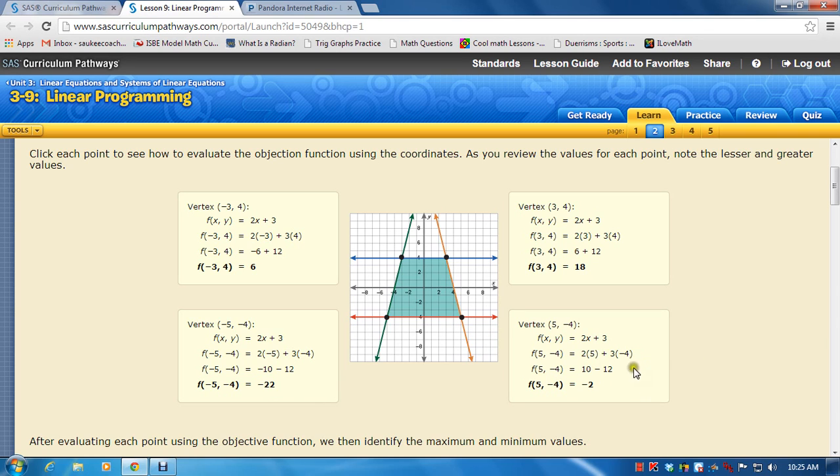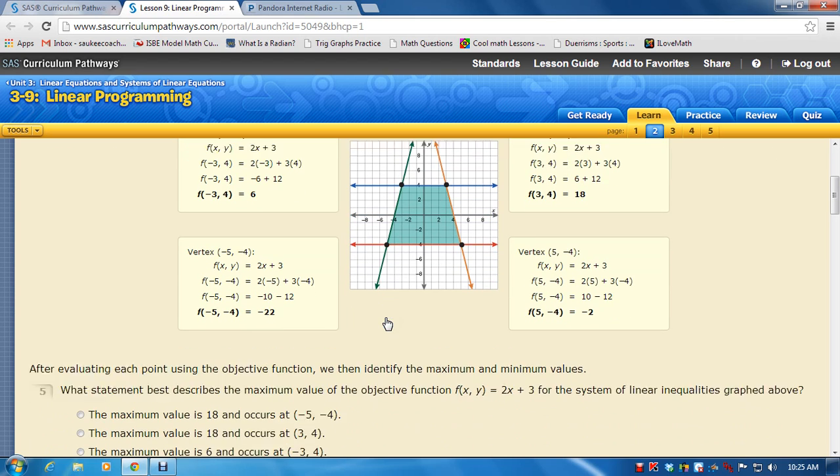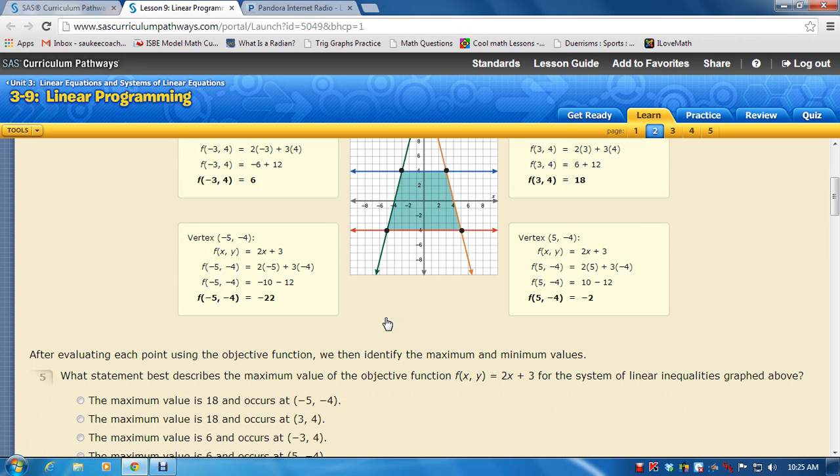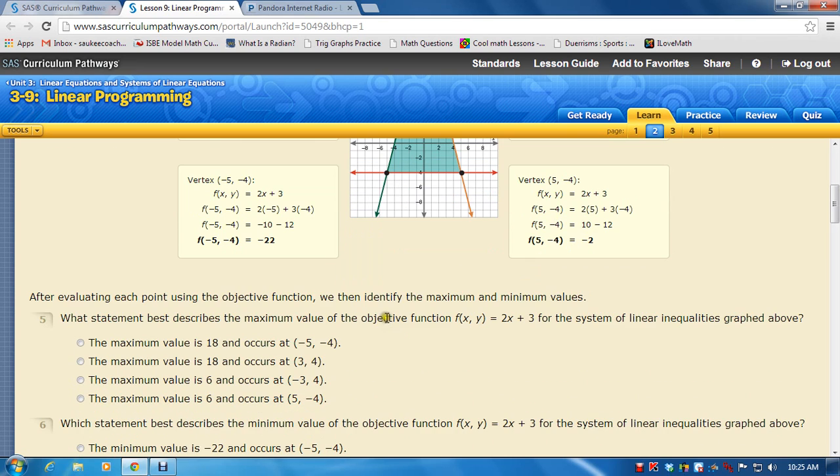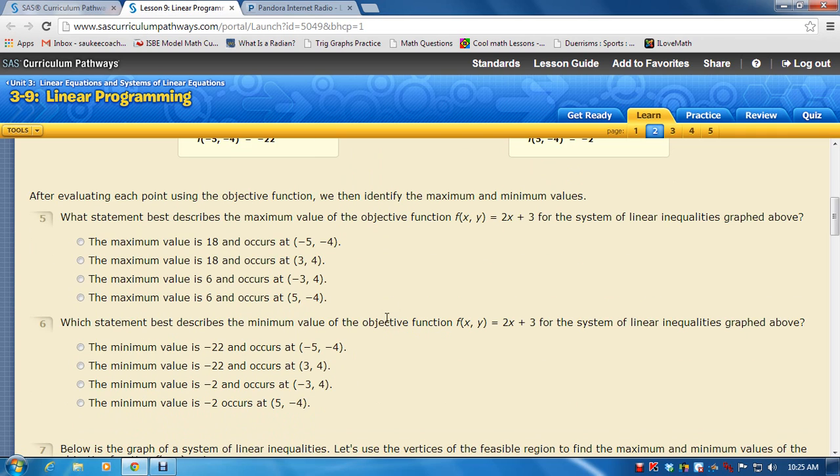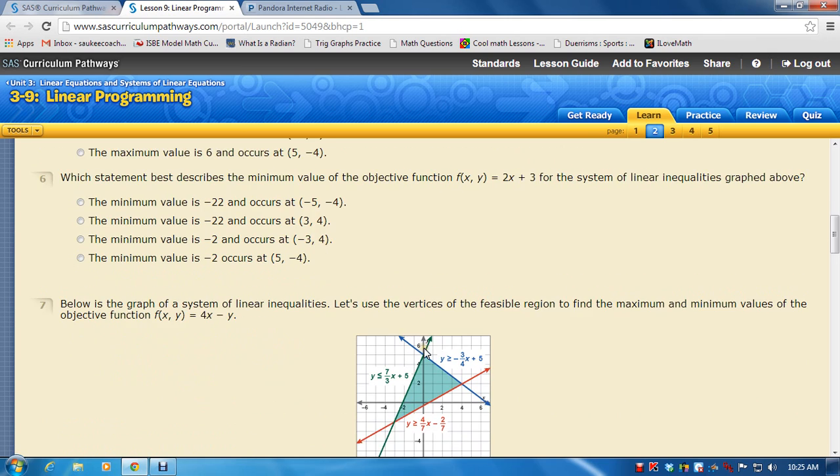So it's pretty easy to tell right here that this right here would be my maximum optimization. And this one down here would be my minimum. So, we've kind of covered all that here.